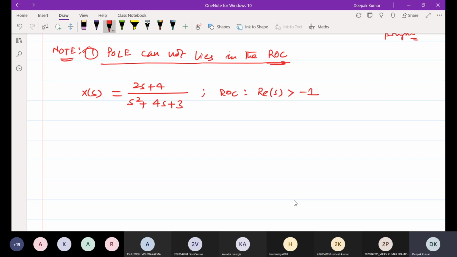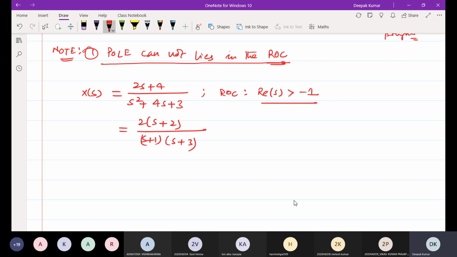For this region of convergence, a Laplace transform is defined like this. Now, the location of poles and zeros can be plotted from this expression. The numerator can be factorized by taking the common 2, it becomes 2 times (s plus 2), and the denominator polynomial can also be factorized as (s plus 1) into (s plus 3).